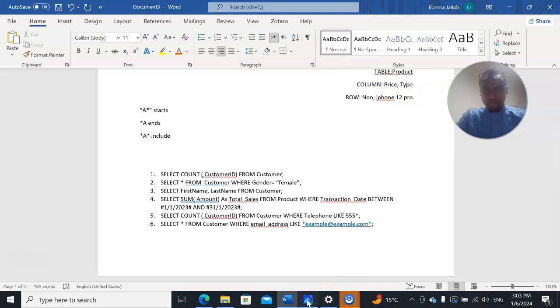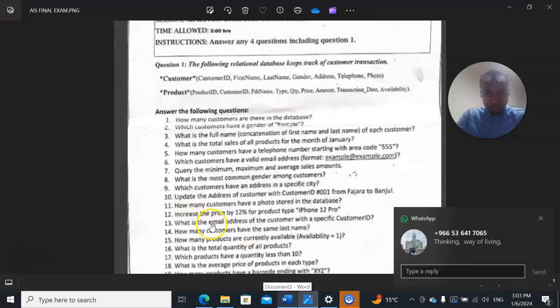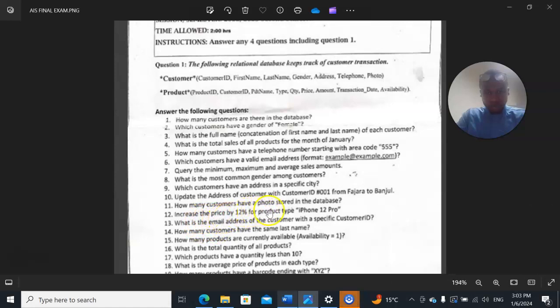Okay, let's review one more time. Increase the price by 12% of the product. So we are changing the price. You can see we are updating the price by 12% of this particular product type.